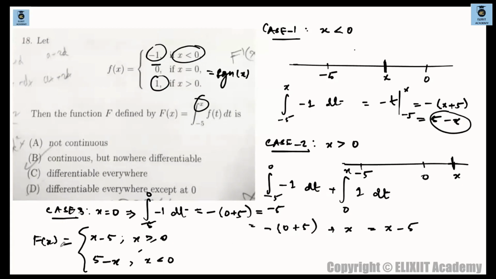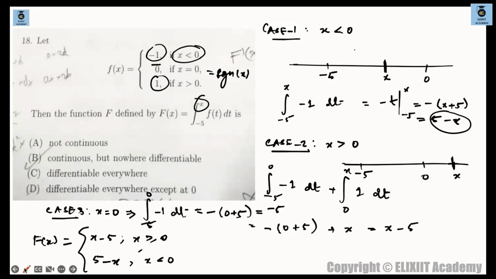Now I have taken a greater than or equal to sign over here, because once you take x to be 0, this will become -5, and -5 will cover up the case 3 as well. Fine. So that's why I've taken one greater than or equal to sign over here.